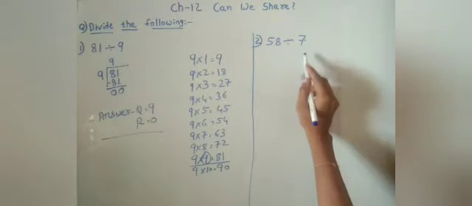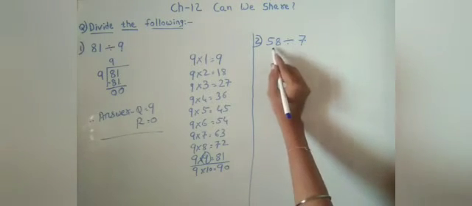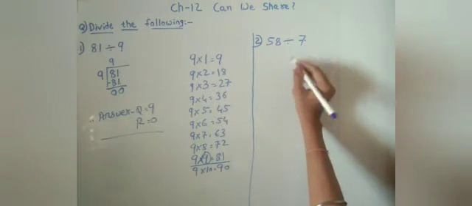58 divided by 7. Here we have to divide the number 58 with 7.